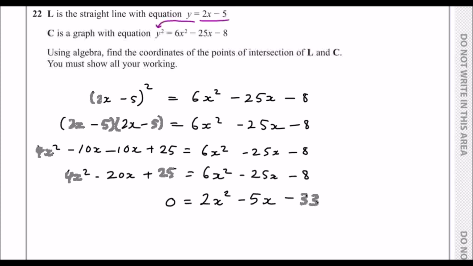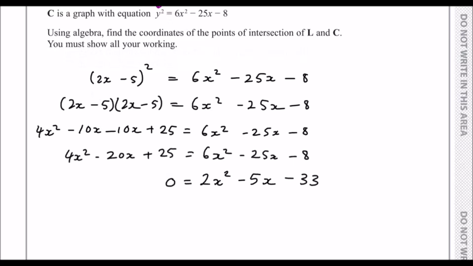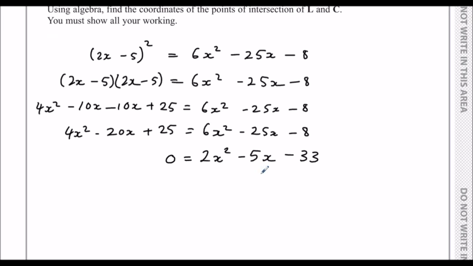My options are, I could try and factorize it. I'm not sure if it factorizes. It might not. If not, I could use the quadratic formula. So I might try and factorize it and see if we get anywhere. So I'm going to do a times c: 2 times negative 33 is negative 66.